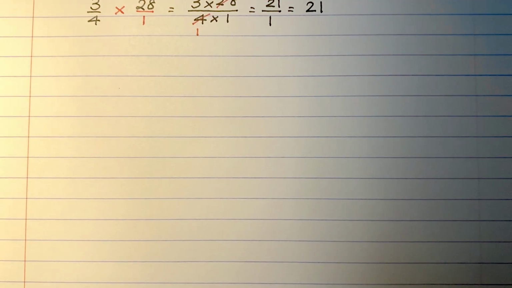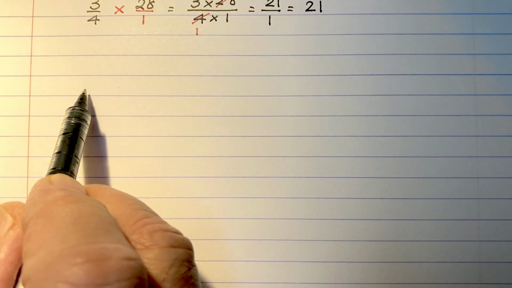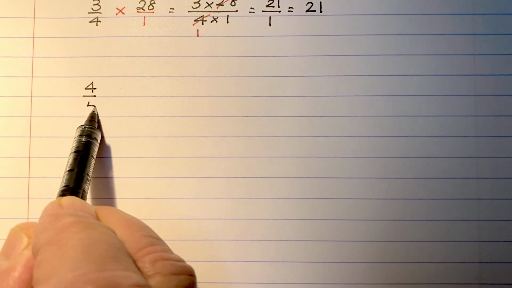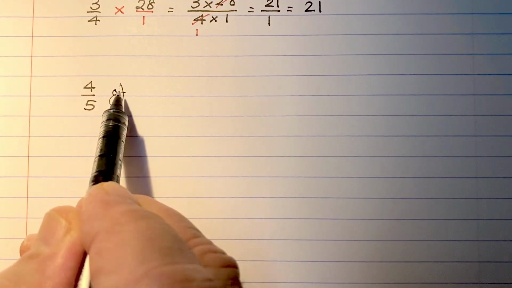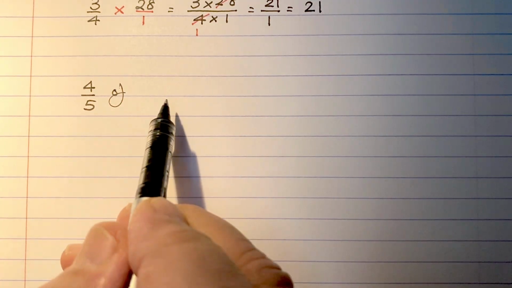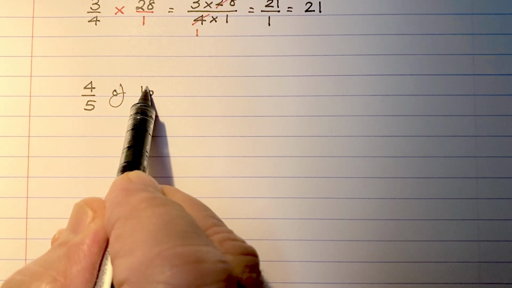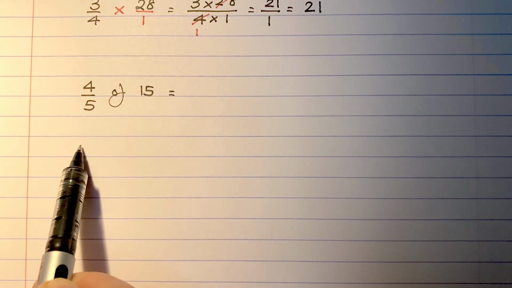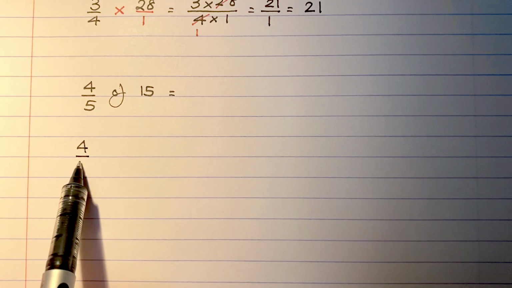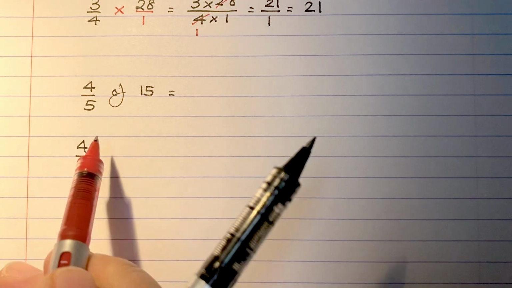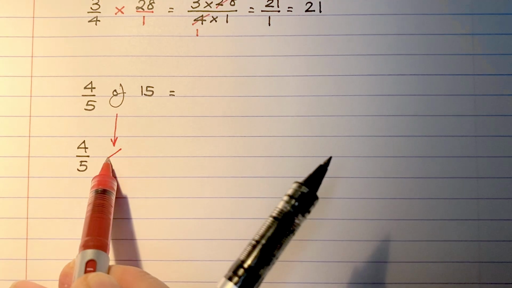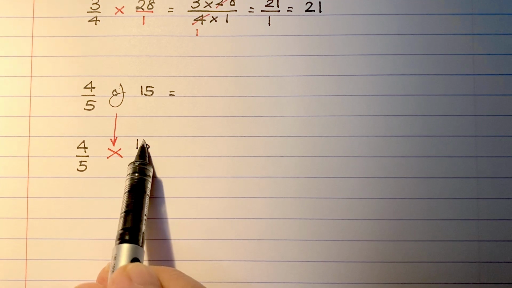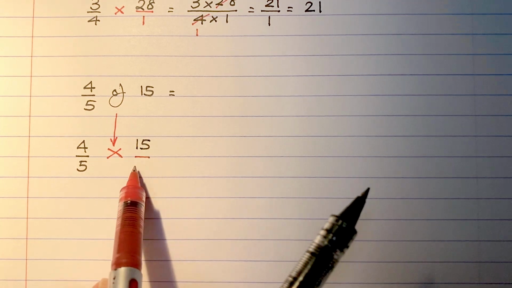Another example of, say you have 4/5 of a quantity or a number, 15. Very simple case. Okay, 4/5 remains 4/5. Of means times. And 15 is written as 15 over 1.